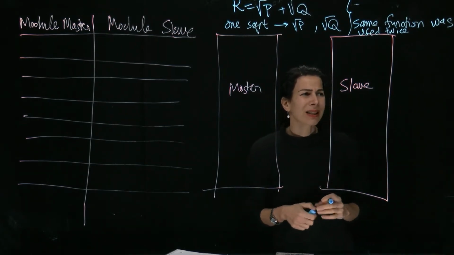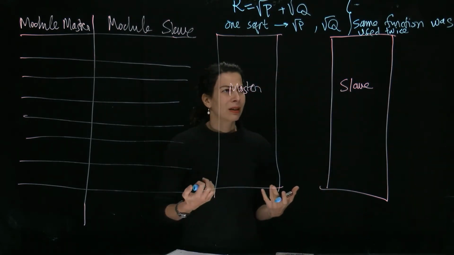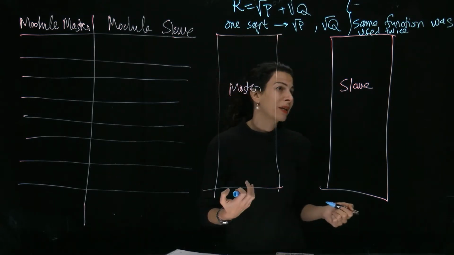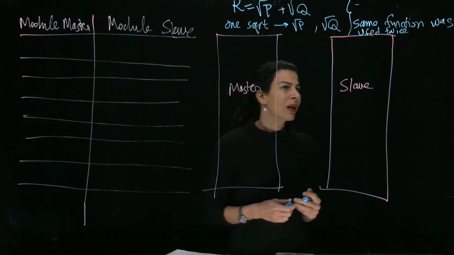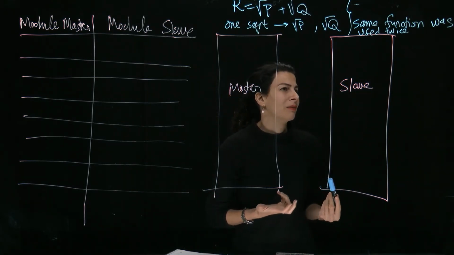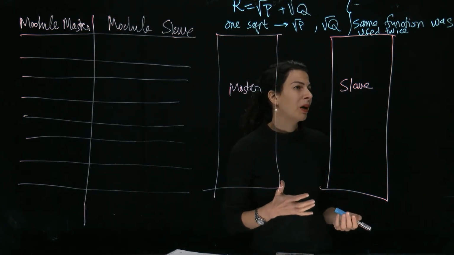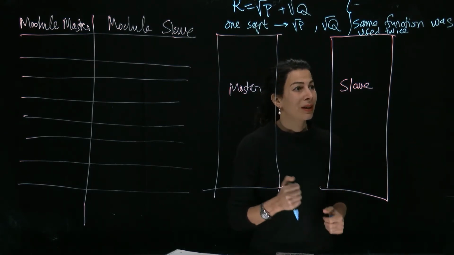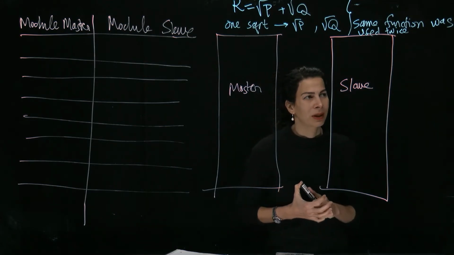Now, what if things get a little bit more complicated? What if I have a design where each of these square roots take more than one clock cycle? What if the module that I'm trying to use and pass variables on is being used by someone else, and I have to wait till it finishes what it was operating on?